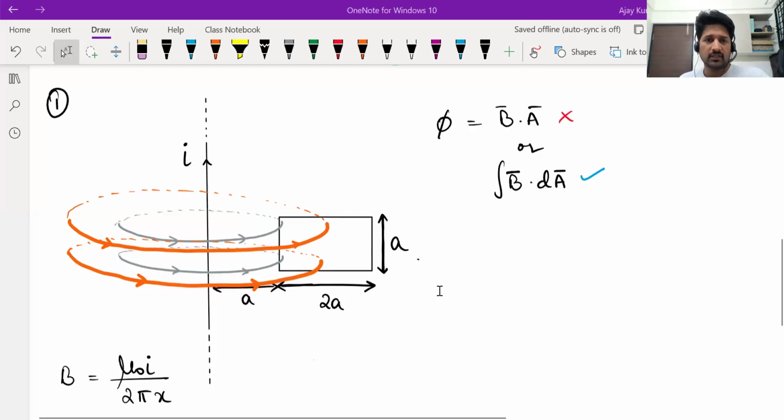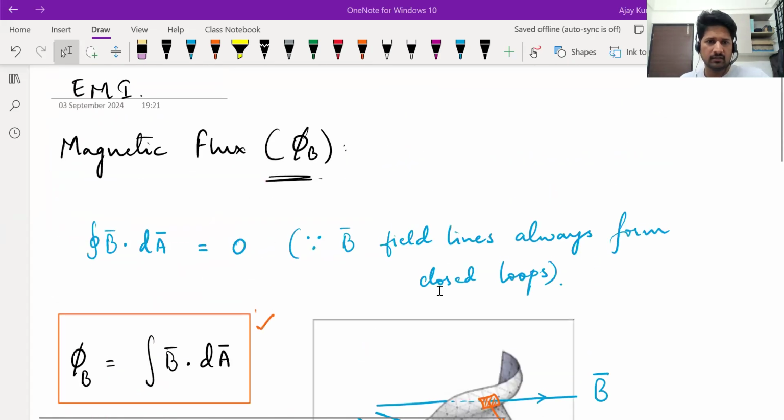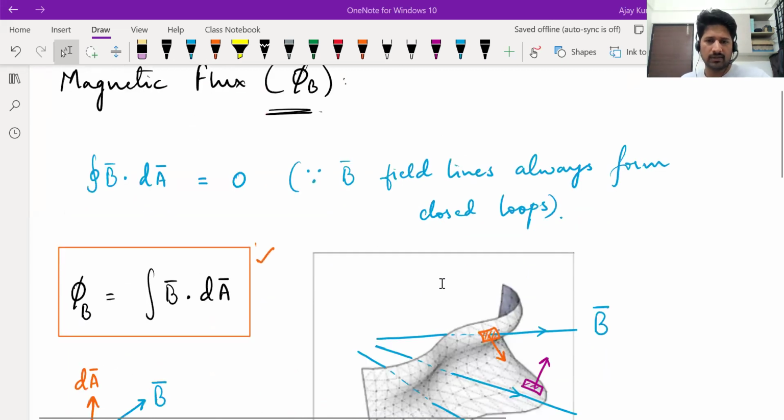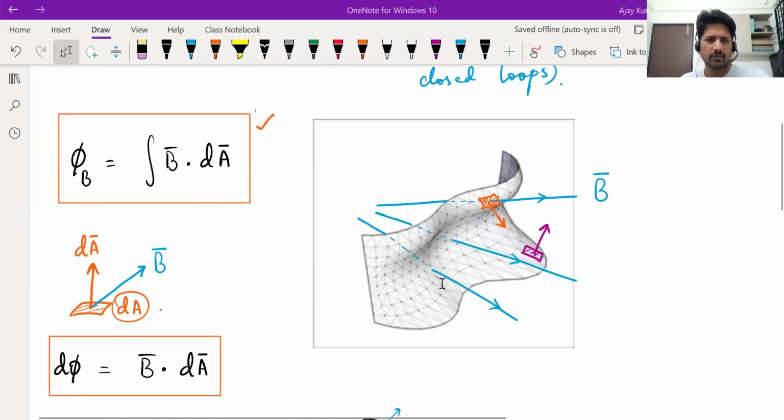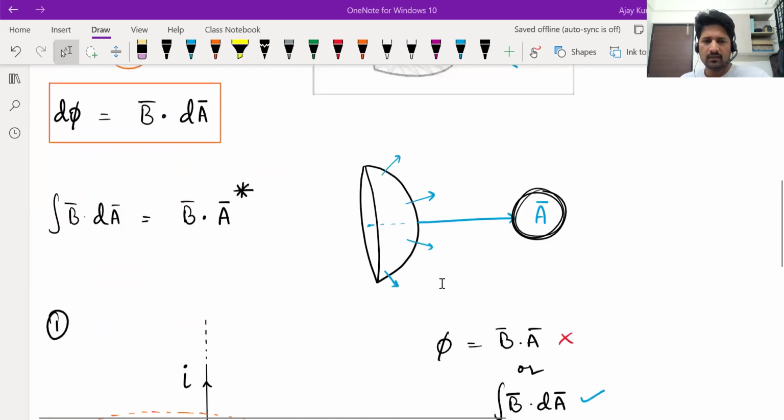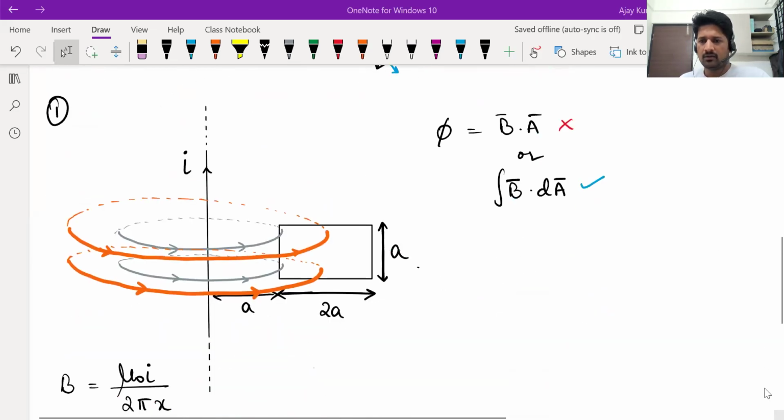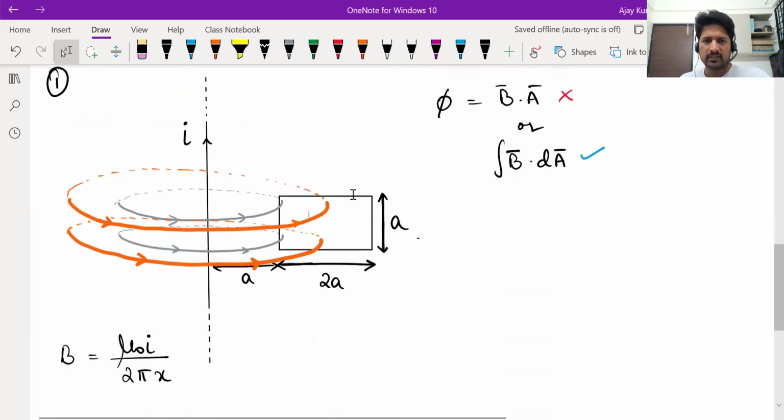Good evening. We just started with the chapter Electromagnetic Induction, and we are talking about magnetic flux and how to calculate it. So the general formula is integral B dot dA. We are applying that to calculate magnetic flux through this rectangle, which is placed near a straight infinite wire.